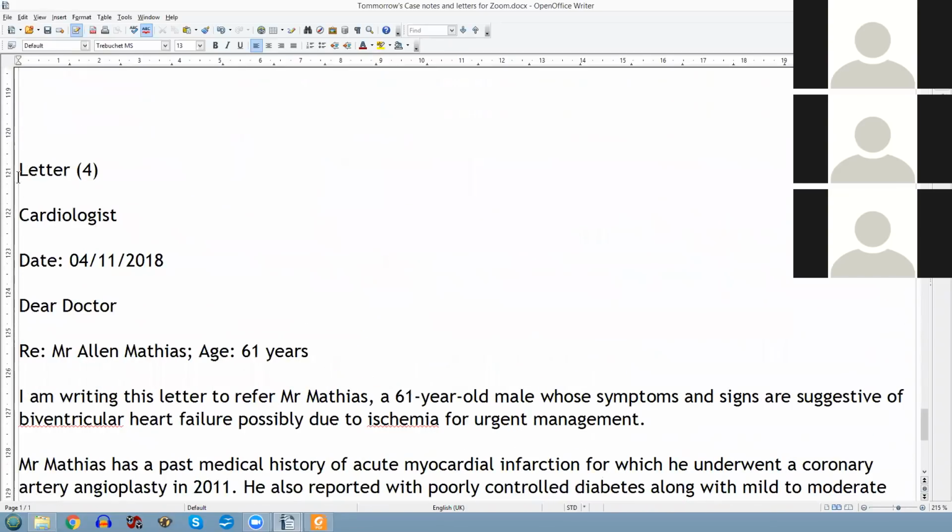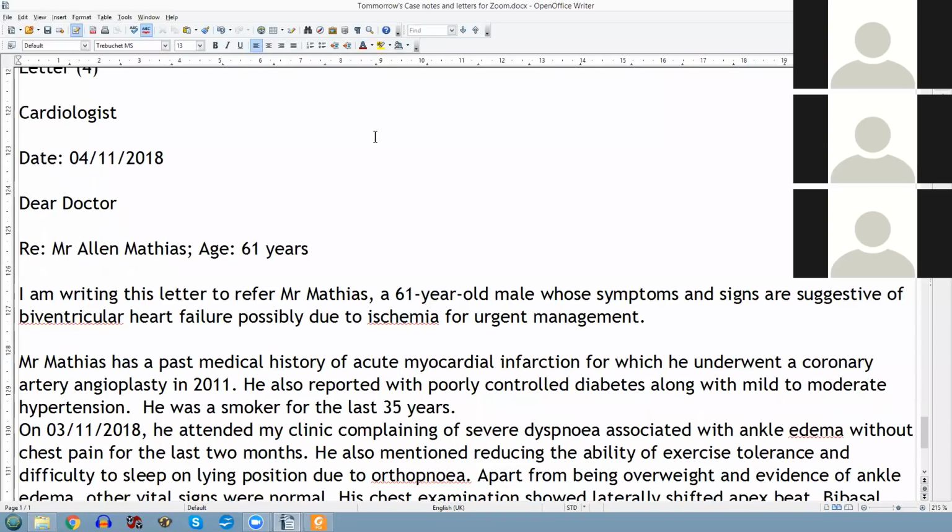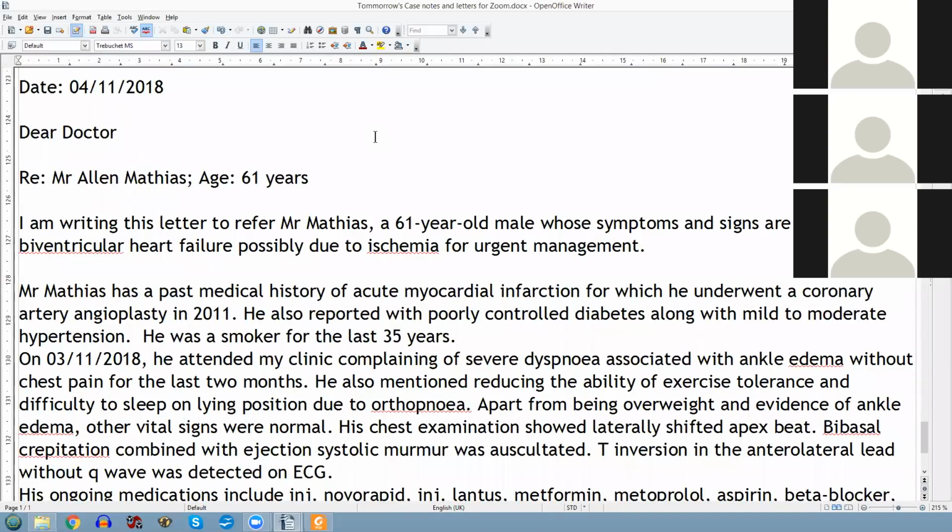Okay, somebody else, no name on this one. Don't know whose it is. The author might recognize it. This letter to refer Mr. Matias position for urgent management. Again, I don't know why people break it up. Put it at the start.